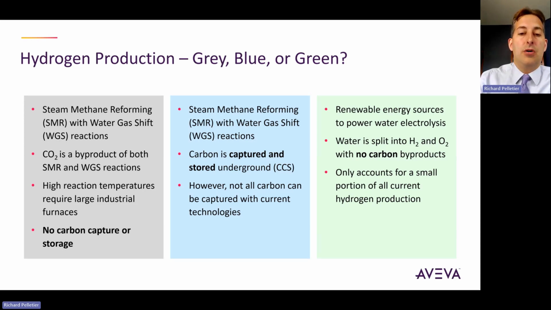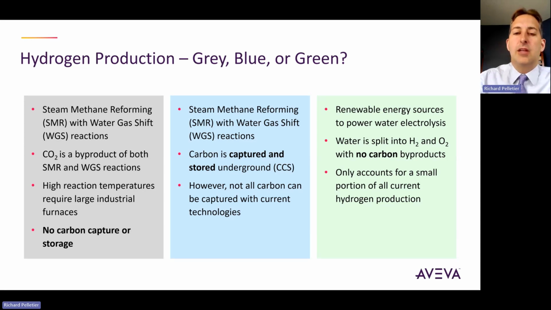So there's also what we call blue hydrogen production. This is one that tends to be more clean, not necessarily renewable, but more clean because the carbon that's produced during this process is captured and stored underground. So it's not as much being released into the atmosphere. It's a little bit better of a process in terms of the environment.